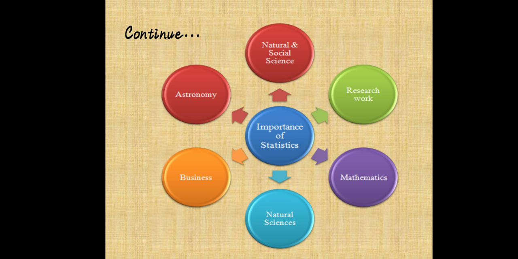Astronomy is a really emerging stream for education, and for occupation also. Without a statistical presentation, we cannot say that there is a good estimate or that we have succeeded in our purpose in astronomy. So statistics is really important in the department of astronomy.